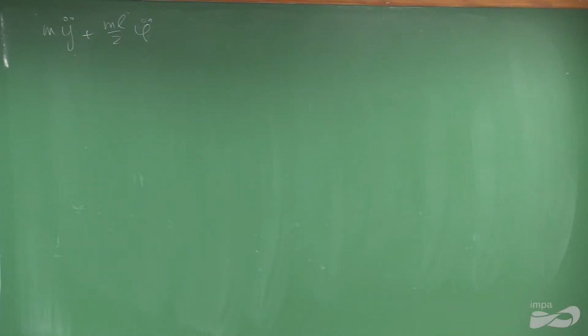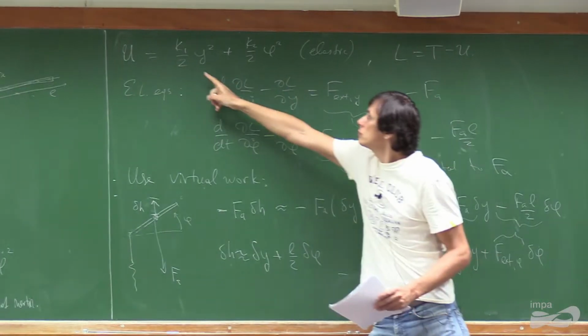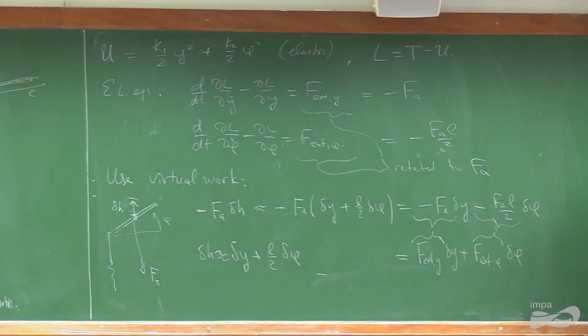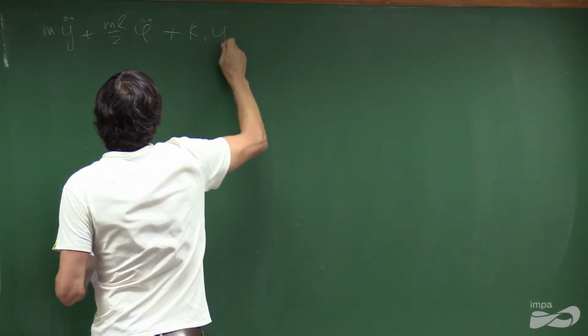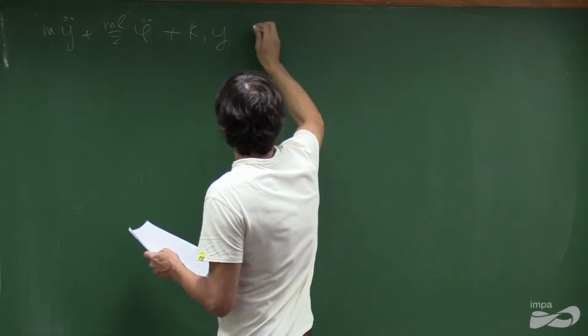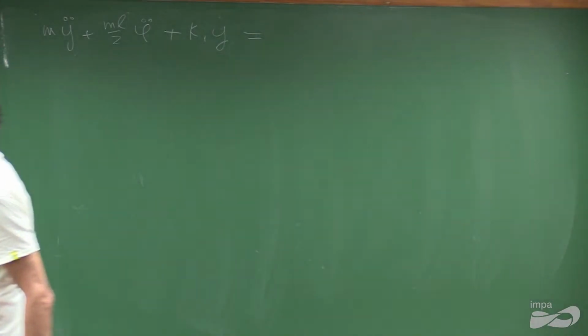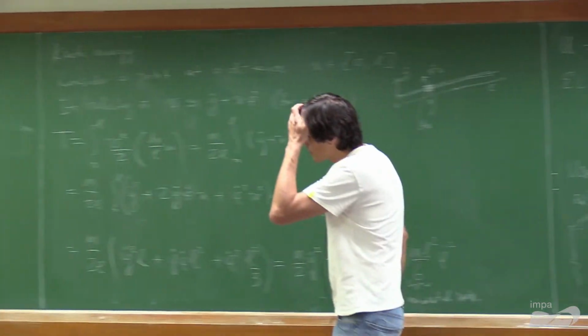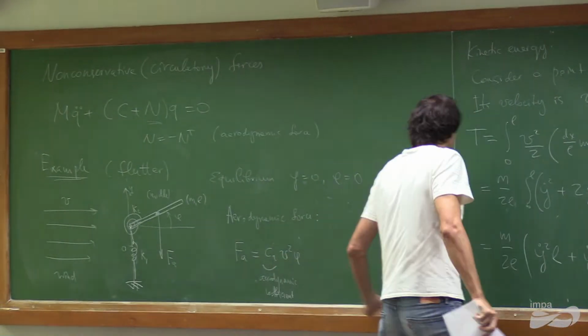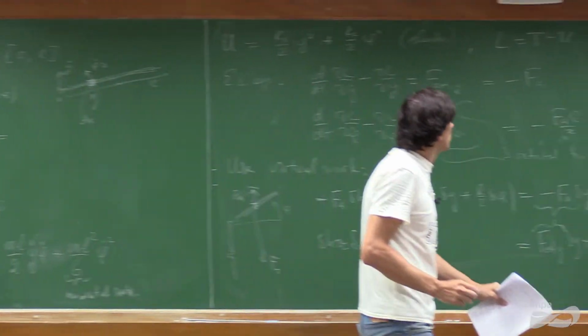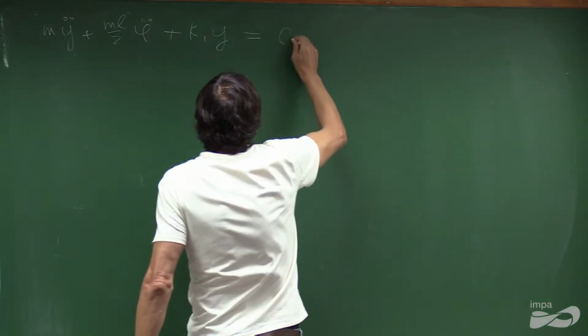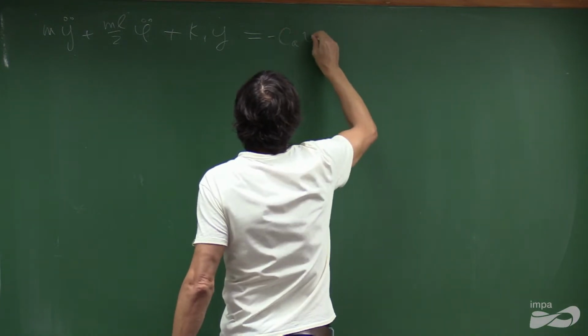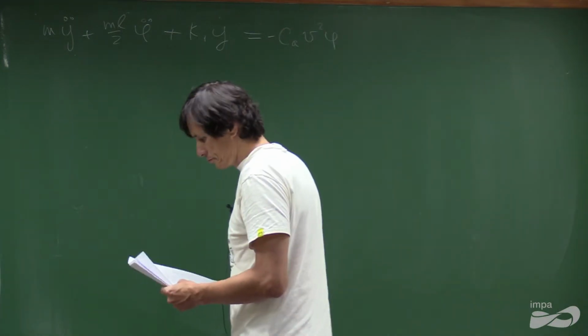So exactly these two terms, right? M y double dot, and m L over 2 phi double dot. Then this term will come from potential energy, so it will be plus k1 y. And then we have to put on the right-hand side the force minus Fa. And remember that Fa is this coefficient times velocity squared times phi. Minus C1.